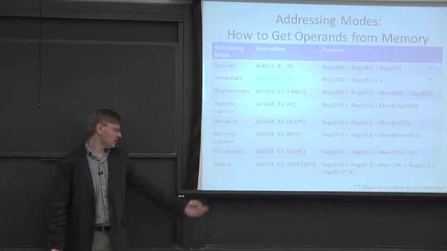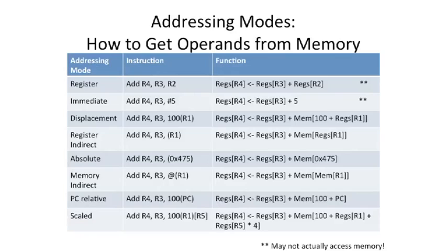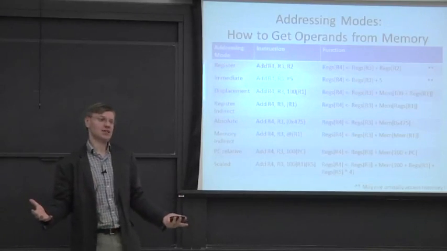You can also have scaled. This is something that x86 has, where you can take a register and add it to another register multiplied by something else. In x86, this is called SIB, scaled, index, and base mode. So you can take a displacement, add it to two registers, and multiply. This is very useful if you're trying to index through an array of some size.